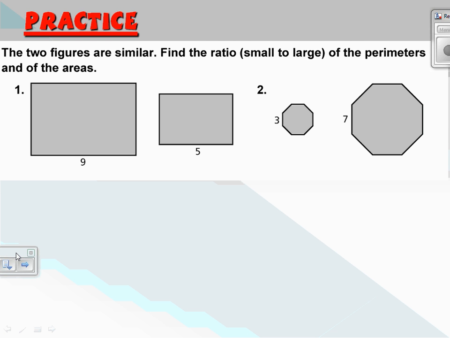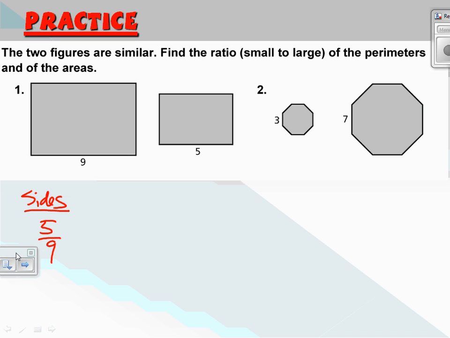So I want to do the ratio of small to large. So what I'm going to do at the top is just figure out the ratio of the sides. So on number one, the ratio of the sides is 5 to 9, small to big.